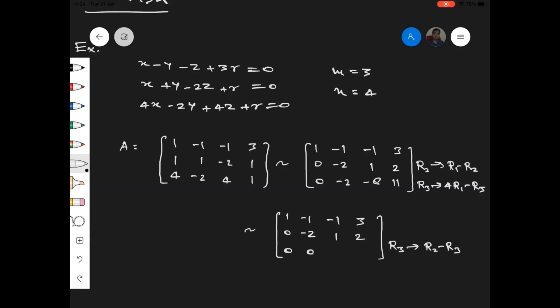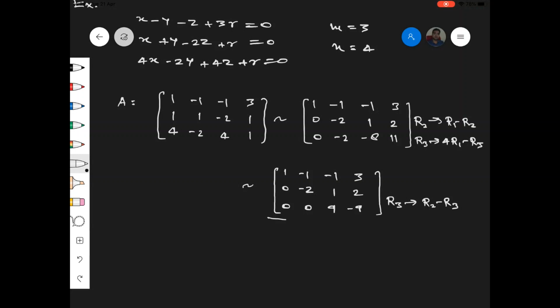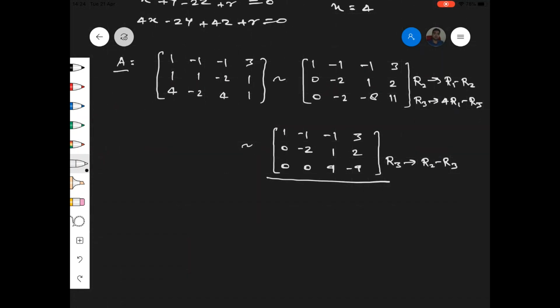So 0 minus 2 minus 2 0 1 minus 8 9 and 2 minus 11 minus 9. So this is the row reduced echelon form of the initial coefficient matrix A. Now let us again turn this matrix into system of linear equation.